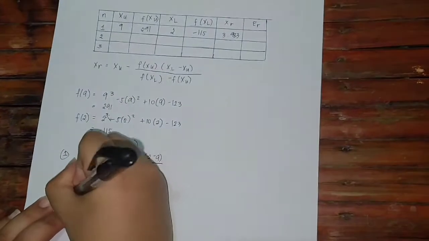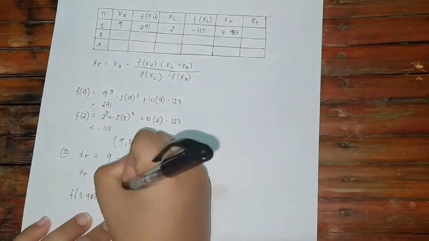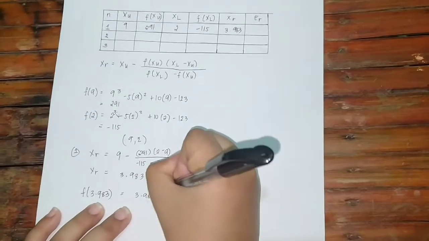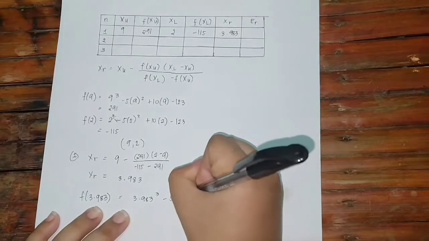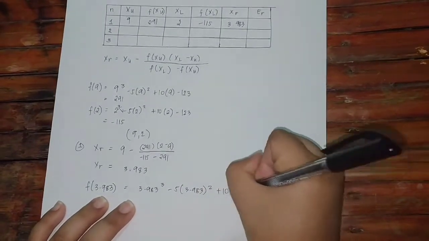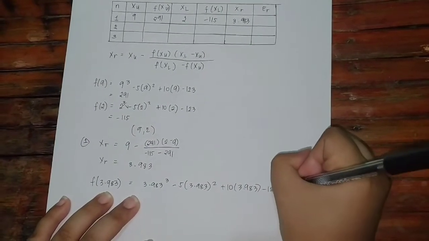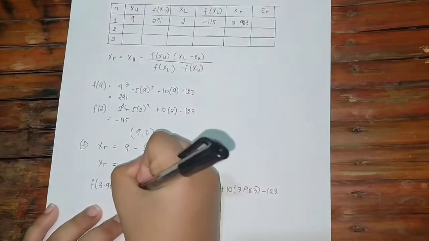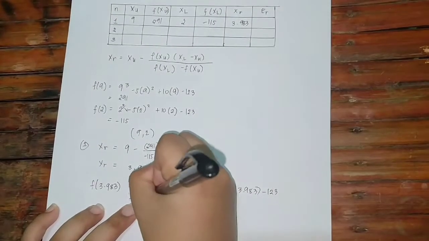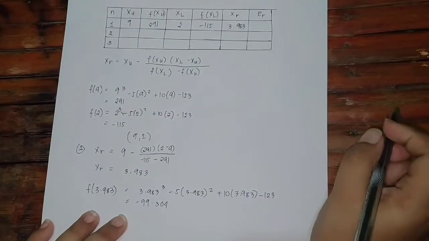So the f of 3.983 is equal to 3.983 cubed minus 5 times 3.983 squared plus 10 times 3.983 minus 123, and that will give us negative 99.304 as calculated.